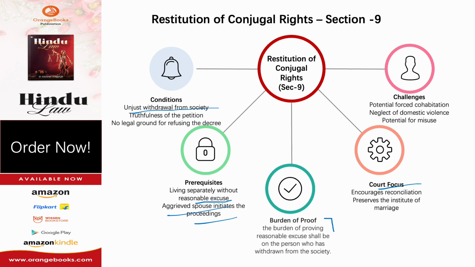The courts' focus in cases of restitution of conjugal rights is always to encourage reconciliation between husband and wife. But because of the modern trend and other things, the law can be misused here. That is the biggest challenge for restitution of conjugal rights. So here is a summary of Section 9, Restitution of Conjugal Rights.